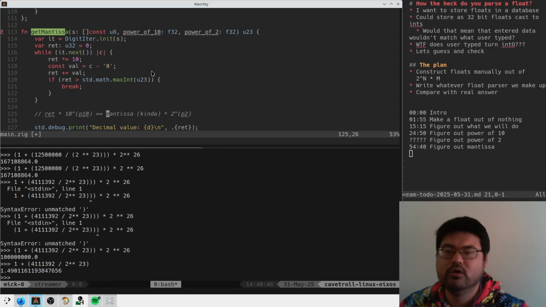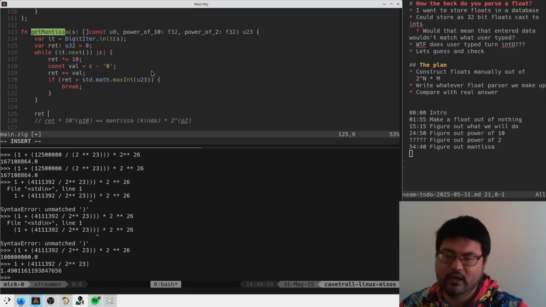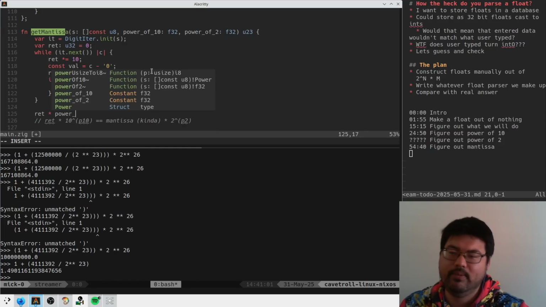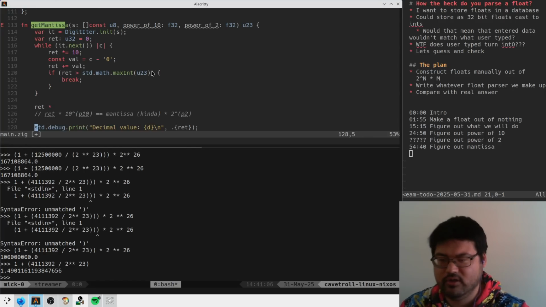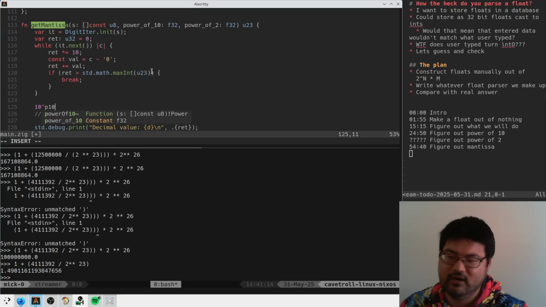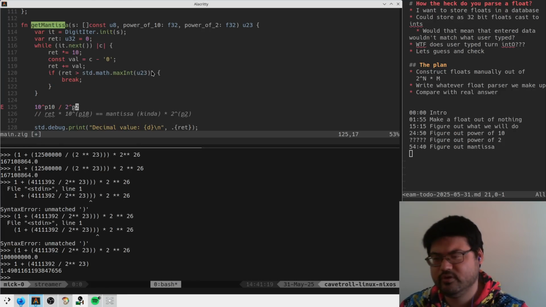So it looks to me that we need to multiply ret by a power of 10, divide or times this ratio. So we have 10 to the p10 over 2 to the p2.